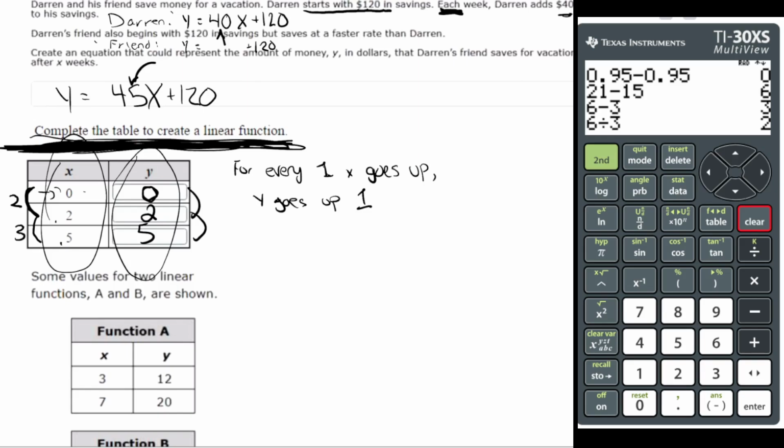That's it. That function, for what it's worth, is y equals x. That's a linear function. It looks like that. That's it.